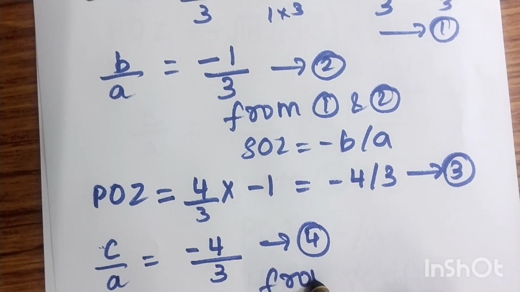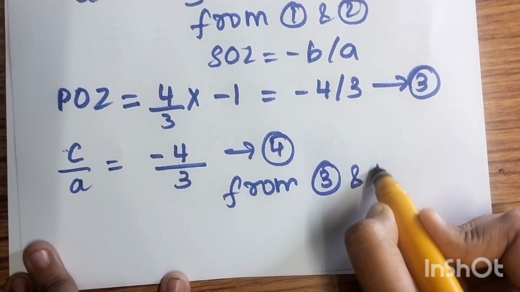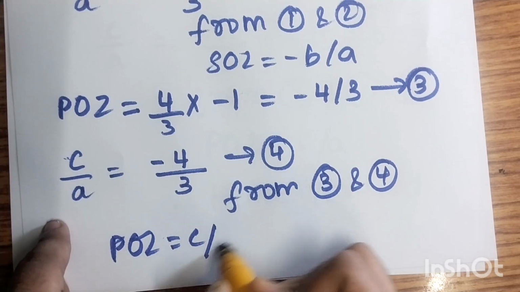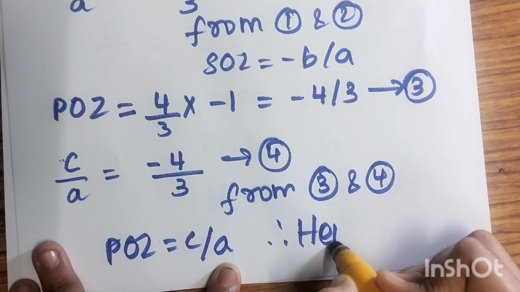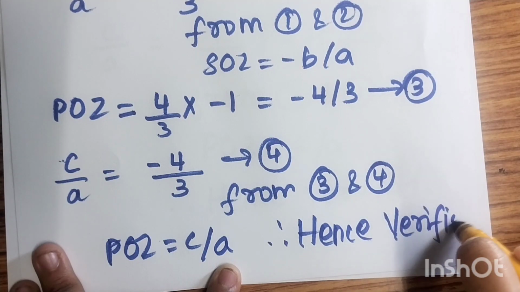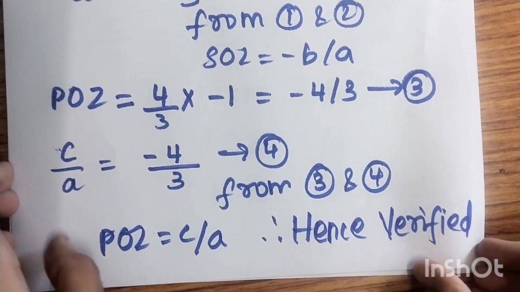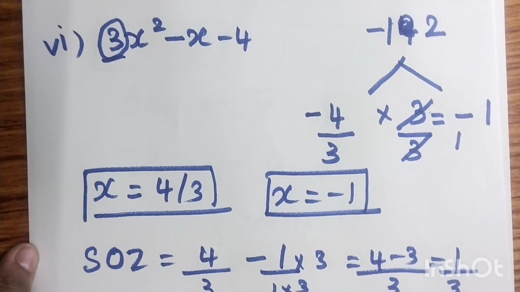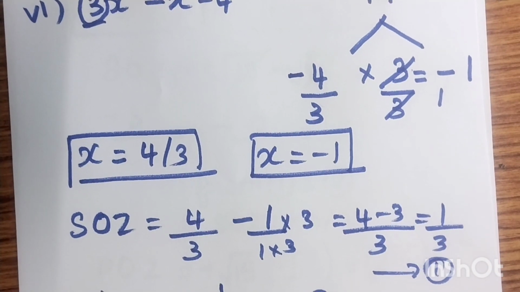So from 3 and 4, POZ is equal to c by a. Hence verified. So first you will be finding the zeros of the given polynomial, and after that you have to check the relationship.